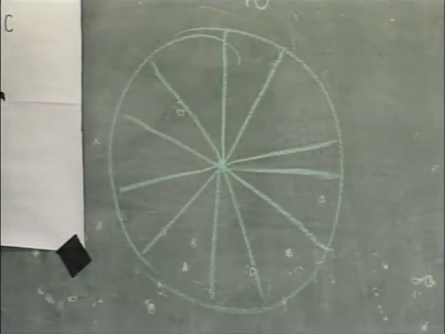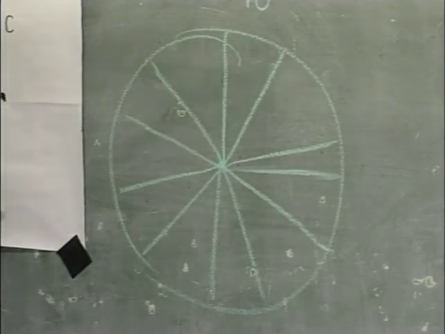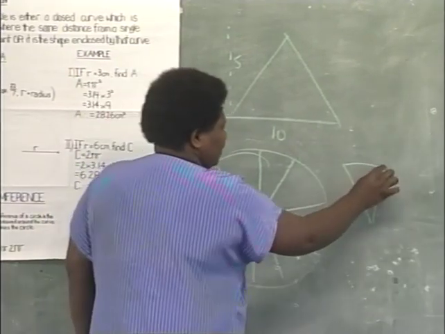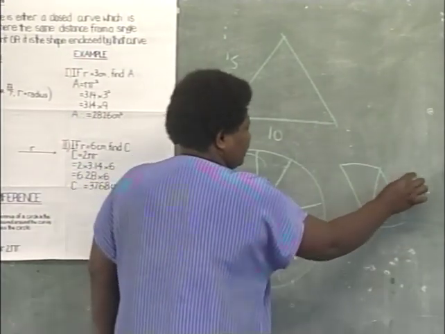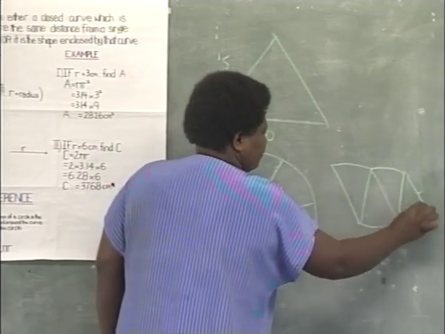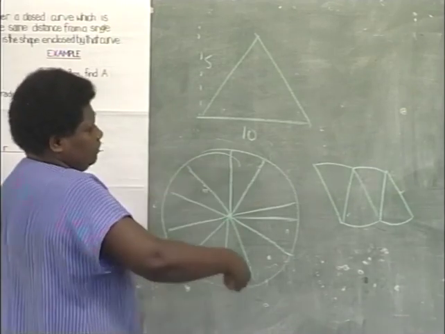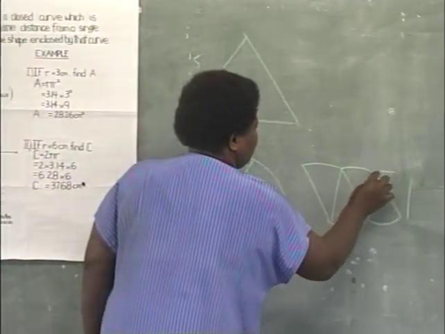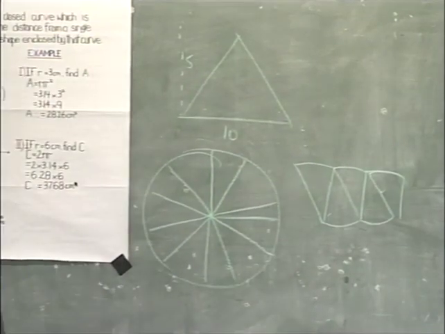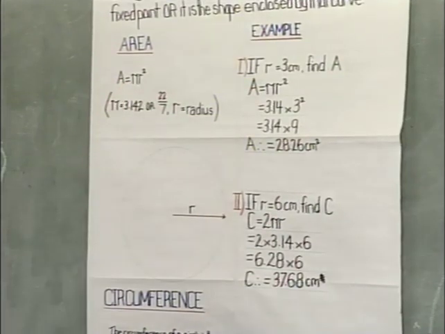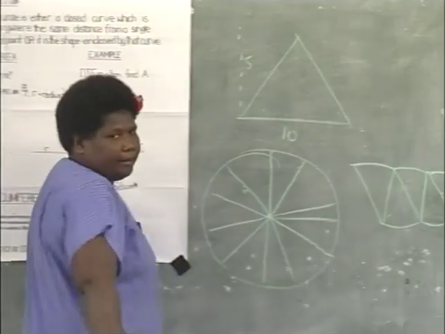And when I broke it up, I lined the sectors and glued them together, and I ended up with something like this. I removed this and lined them together and glued them, and you almost end up with a rectangle. That's why the value for pi is an estimated value, because this is not exactly a straight line.